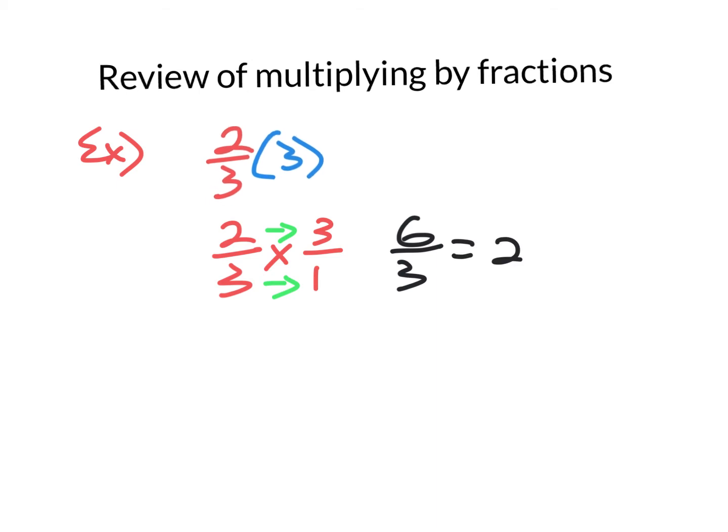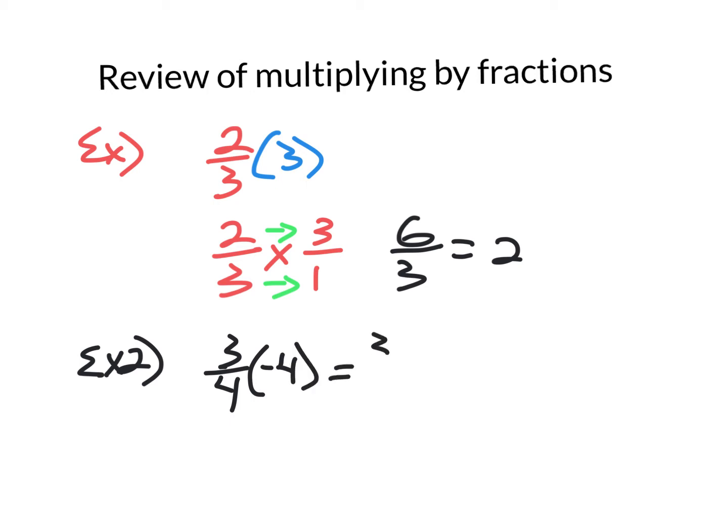Now, let's do just another one real quick. Example 2, let's just say we have 3/4 times -4.